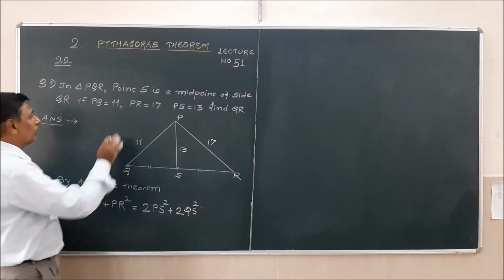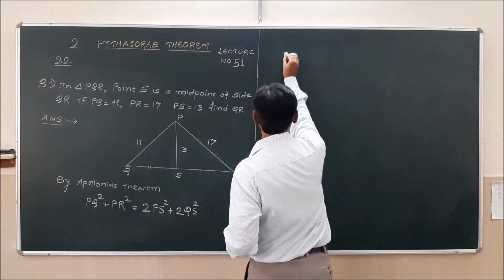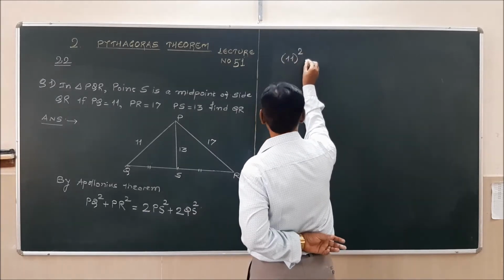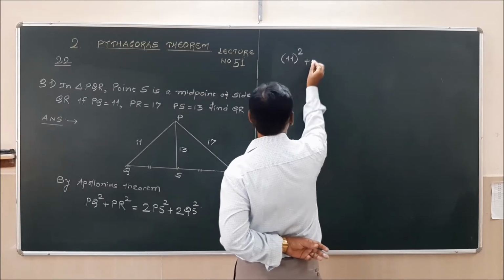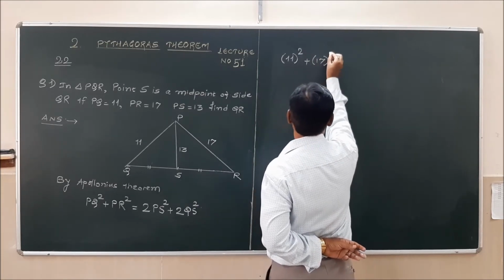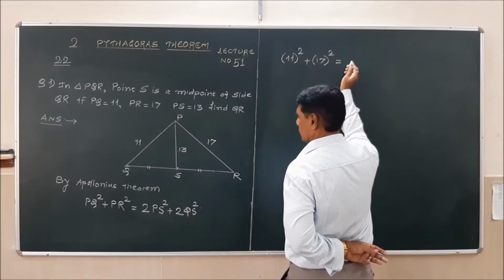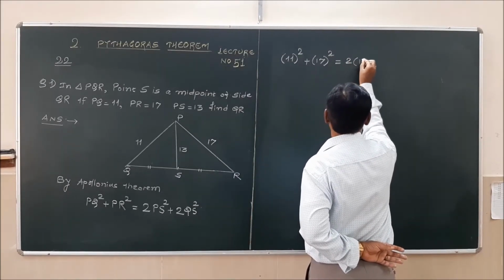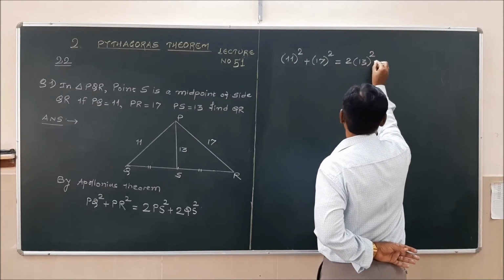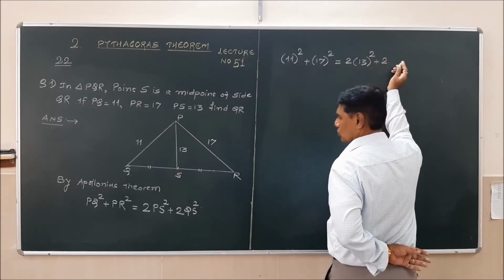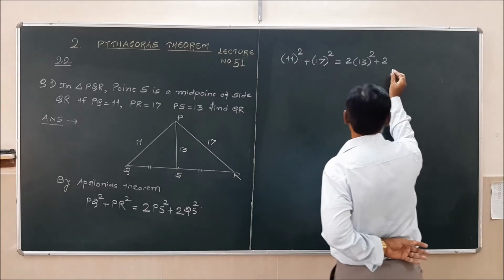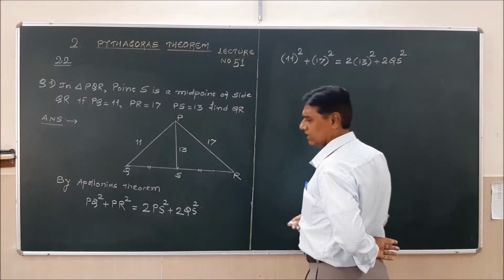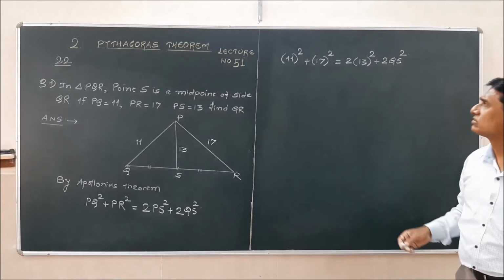Now substitute the values. PQ is 11, so 11 square plus PR square, that is 17 square, is equal to 2 into 13 square plus 2 QS square as it is. I haven't done anything, I simply substituted the values.